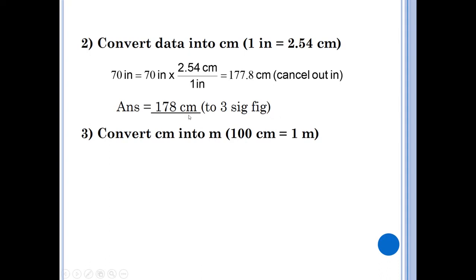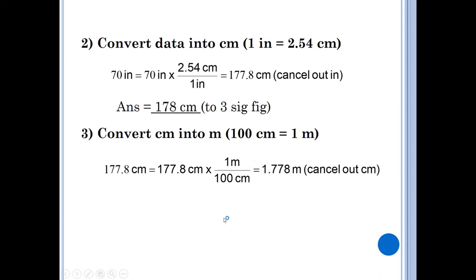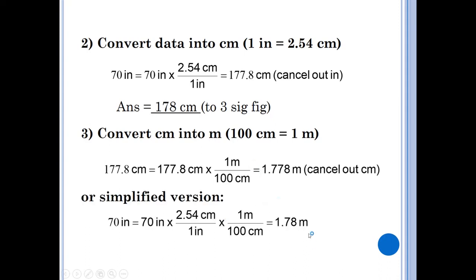So the answer should be 178 centimeter. Here is a simplified version: 1 meter equals 100 cm, because you want to cancel the unit cm.